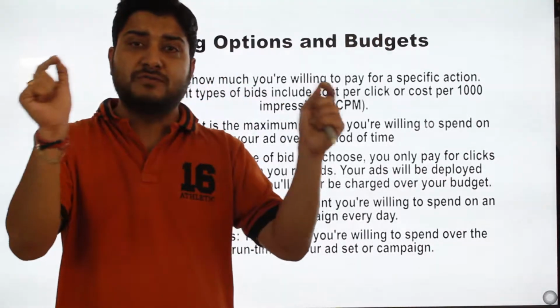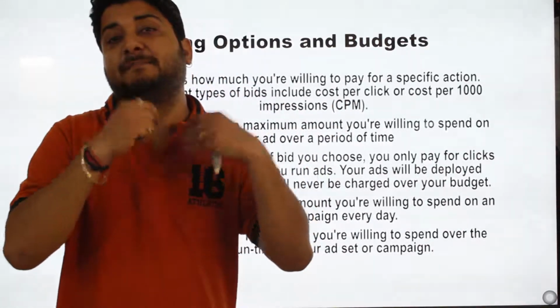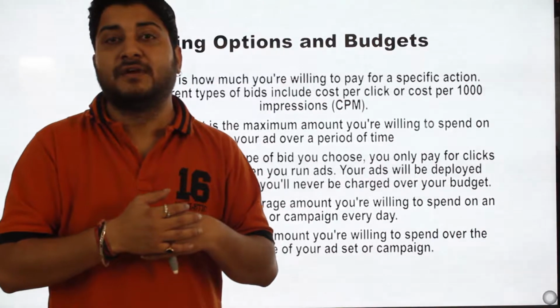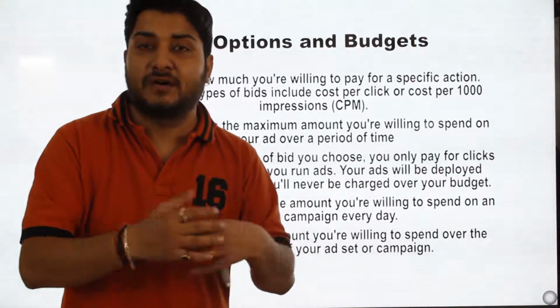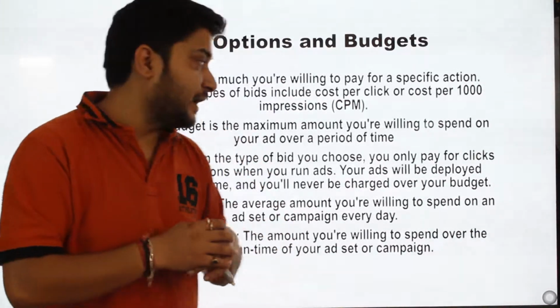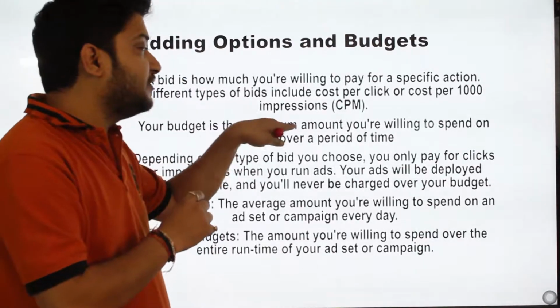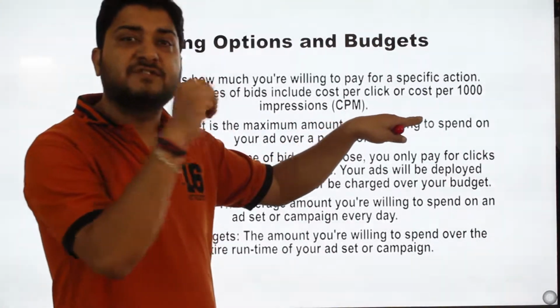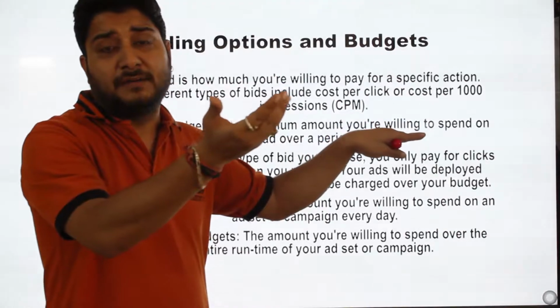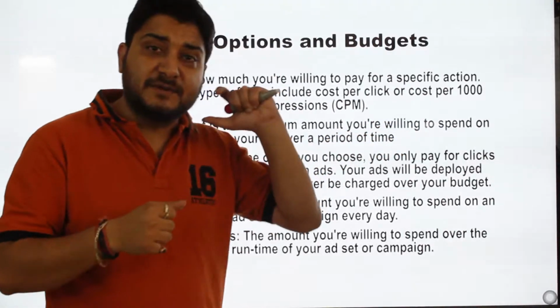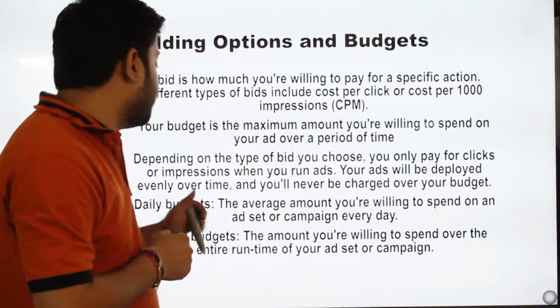That is the certain amount of money that you're going to pay for running your ad on the Facebook advertising platform. You have to define it again within 30, 60 or 90 days.